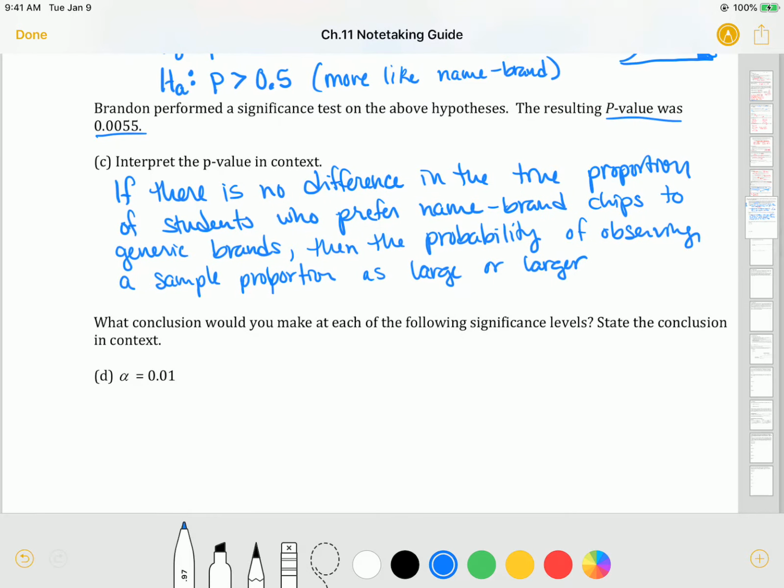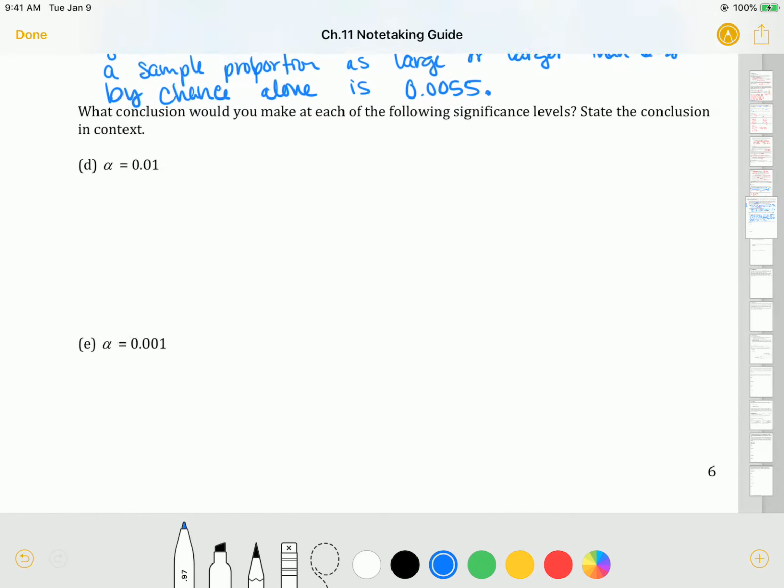So going back to our interpretation here, then the probability of observing a sample proportion as large as 68% or larger by chance alone is the p-value, 0.0055.